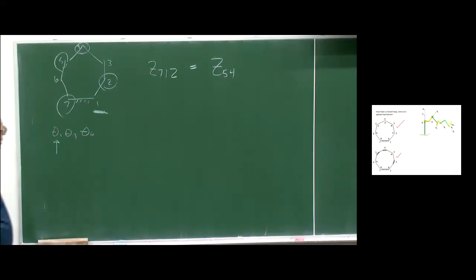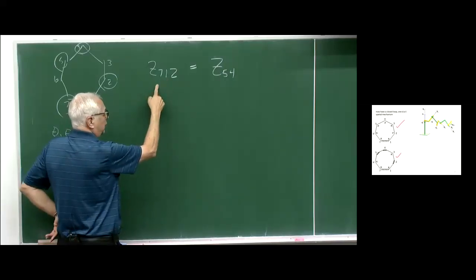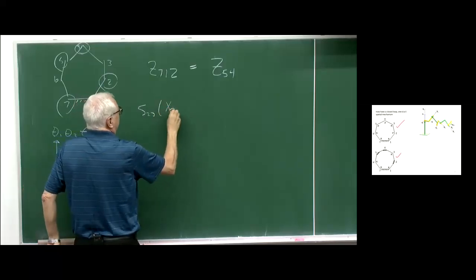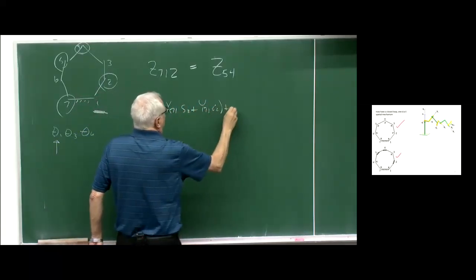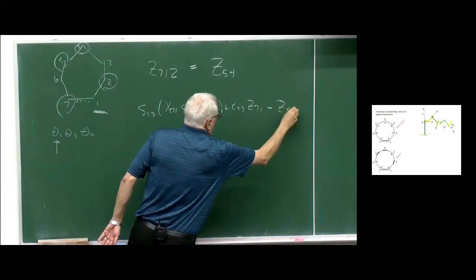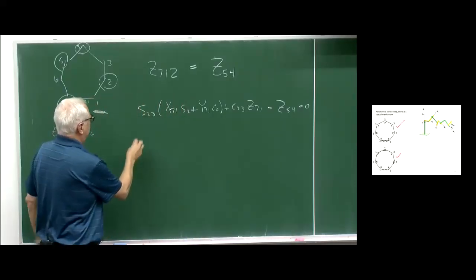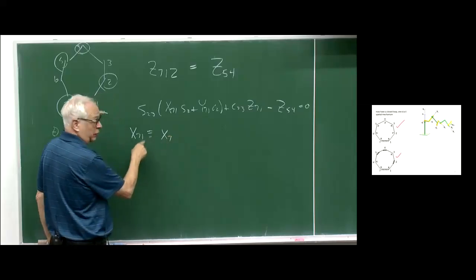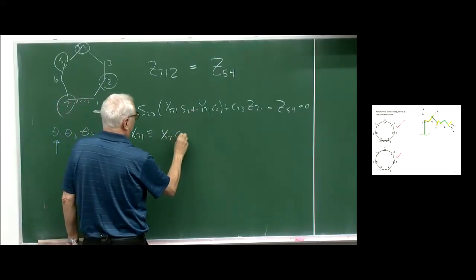So we know what to do with this. Theta 1 is the only unknown, so we need to expand this. So Z712 is, I always have to stop for a second, a sine XS plus YC plus a cosine Z, and I'm going to say minus Z54 equals 0. So I know that's a valid equation, and then I have to say X71's definition, and I've got to be careful, there's no bars here, because it's 7, 1, 2, 3, I'm going uphill.